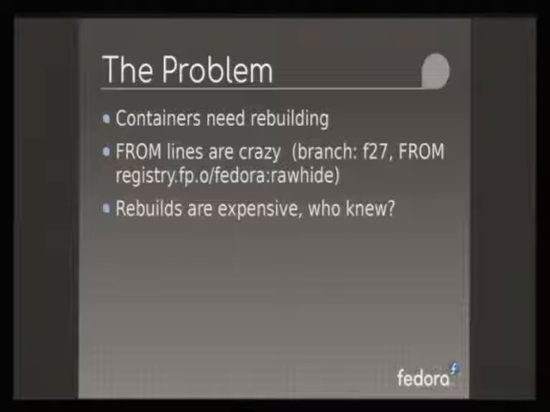When you're creating a container, you say from Fedora, and you might say it's from Fedora 27 or from Rawhide. What you're indicating is which base layer you want to build your container on top of. We use a system called OpenShift Build Service, or OSBS. OSBS will take these Dockerfiles and start building from that FROM line.